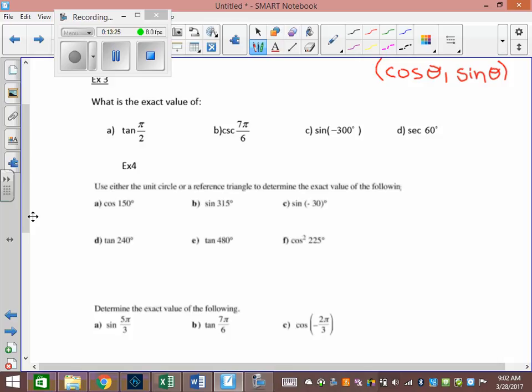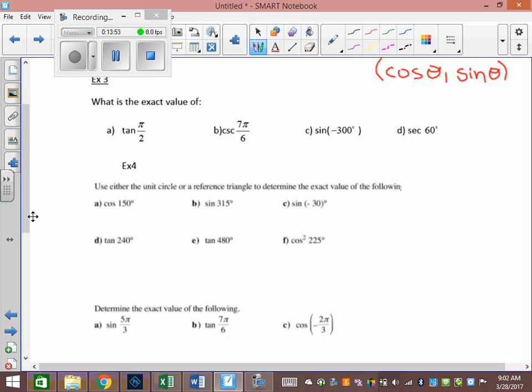So if ever I ask you for just cos or sine of any of the angles on that unit circle, for cos you just give me the x value. If I ask you for sine, you give me the y value. Now, if I give you cosecant, you're going to take the y value and flip it because it's just the reciprocal of sine. If I give you secant, you take the x value and flip it. What if I give you cotan and tan?